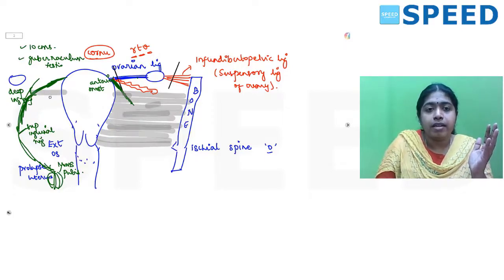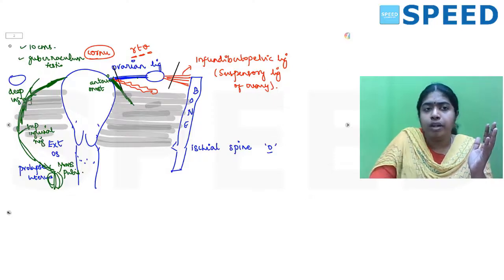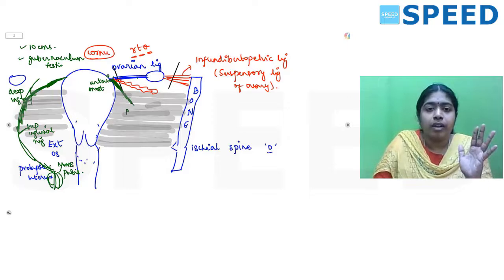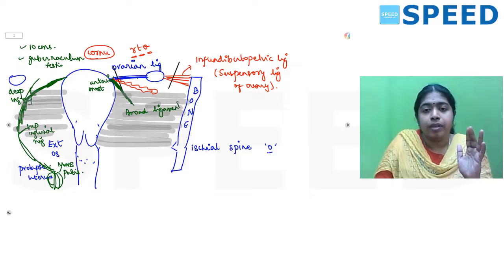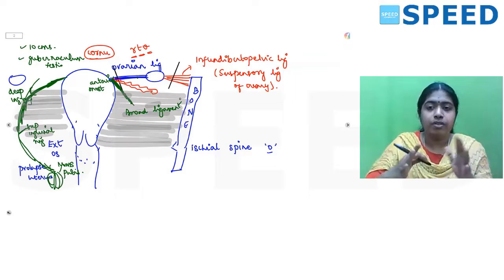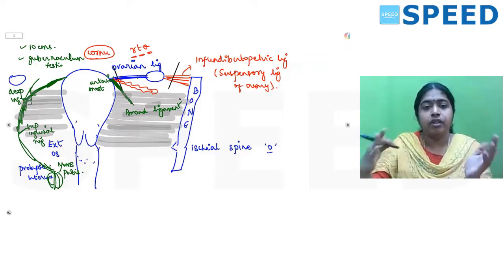On either side you will have the broad ligament, and you all know the broad ligament does not support the uterus in any way. So the broad ligament is just two sheets of peritoneum on either side of the uterus.